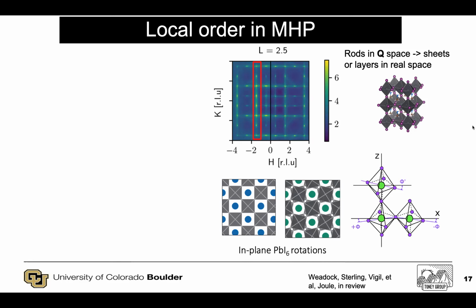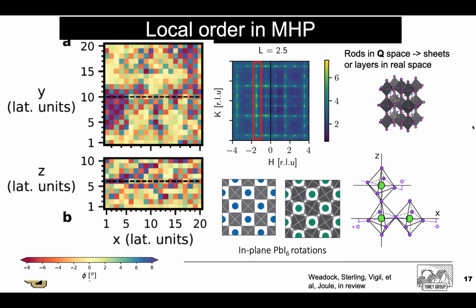What I want to do now is show you a picture of what we see using the MHP simulation. What I'm showing you here is one cut in one plane in real space, where each of the octahedra is color coded by its rotation. Let's say the negative sense in this direction is coded in red, where the redder, the larger the rotation angle.